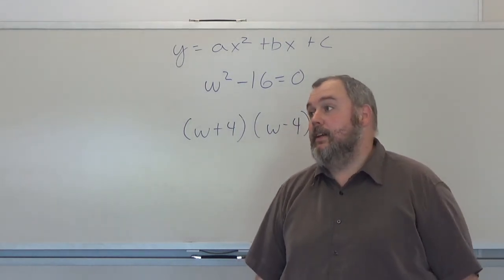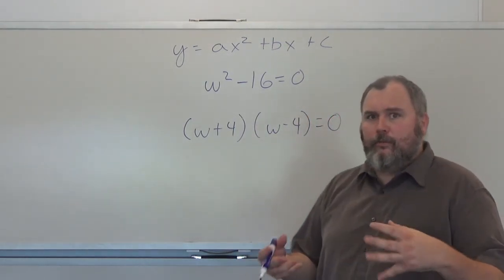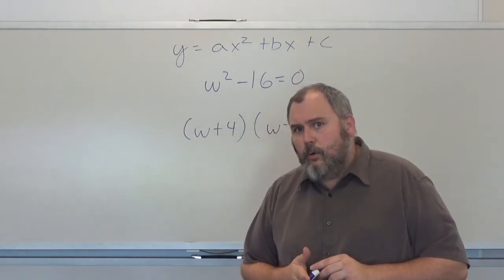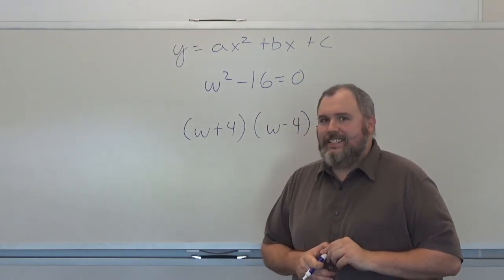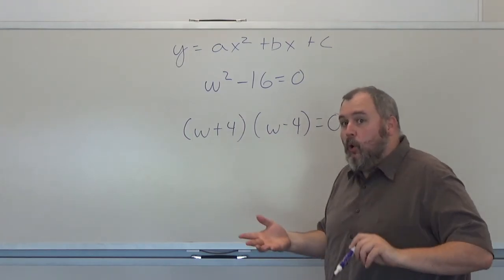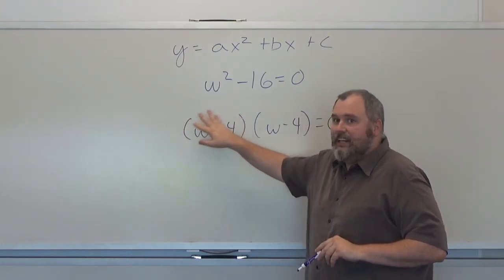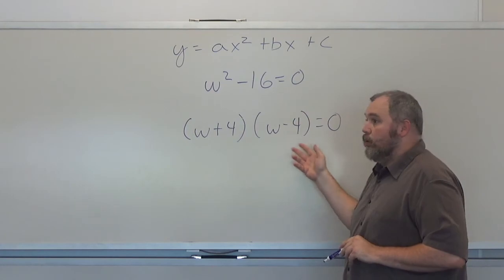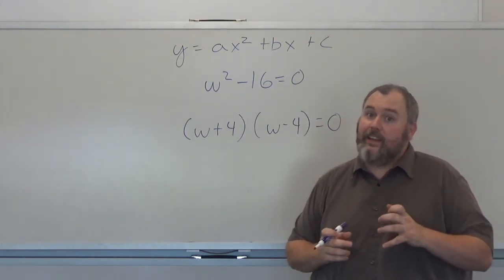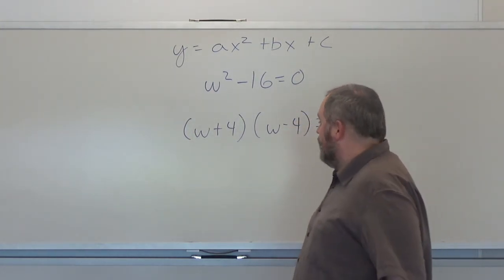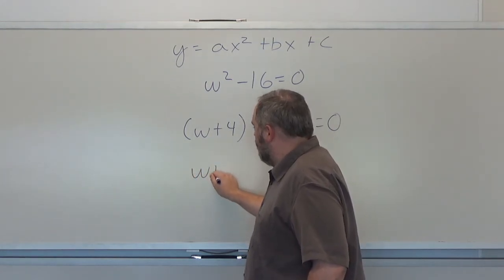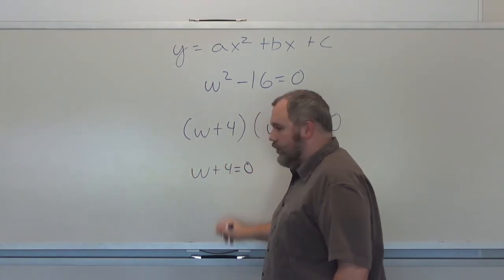Now, what's happening here? There's a couple of fancy rules that we can state at this point, but it basically means this: at any one point, this whole section could be 0 or this whole section could be 0. So we can rewrite this to say that w plus 4 is equal to 0.